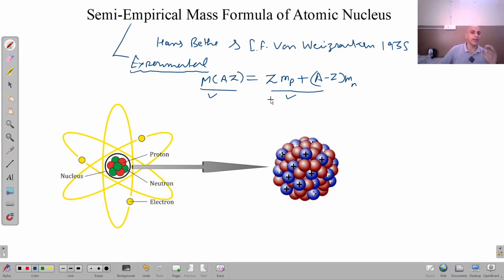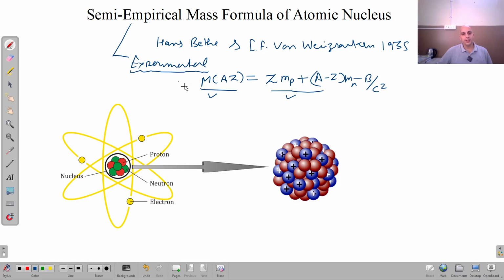We call that amount the mass defect, right? And the energy corresponding to that mass defect is called binding energy. So if I subtract that binding energy here and divide it by c square, now it becomes mass. Now these two sides become exactly equal, right?